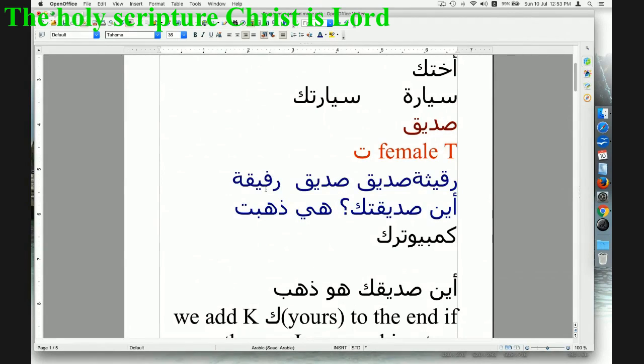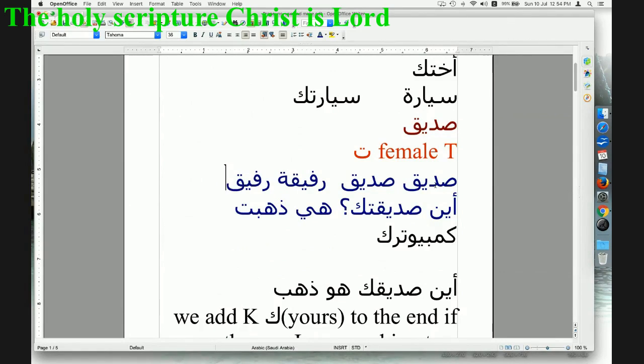I will make it. See this thing when you type, I don't know why it's not connecting. I think I have to click here. Rafiqa. Here we go. Rafiqatuk. Sorry, Rafiqa.